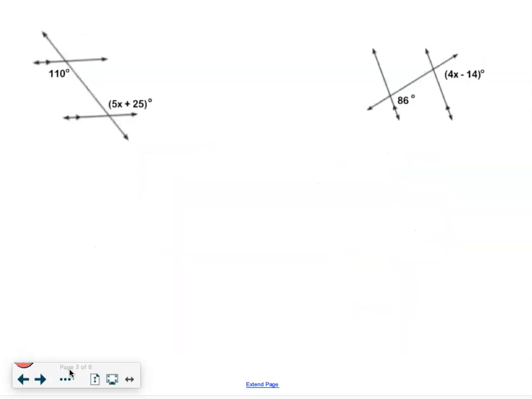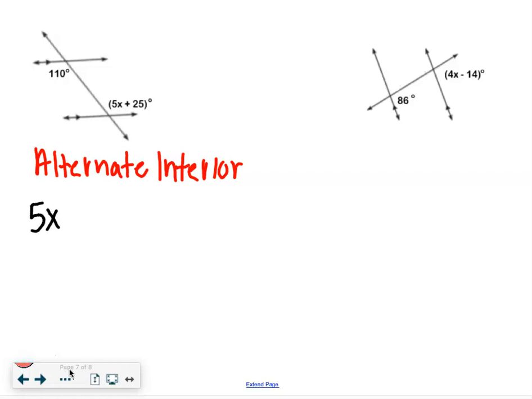Okay. On this one, they are on opposite sides of our transversal on the inside, so alternate interior. And we know that alternate interior angles are congruent.